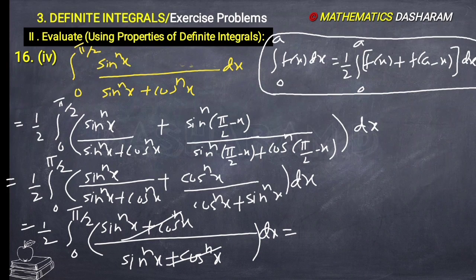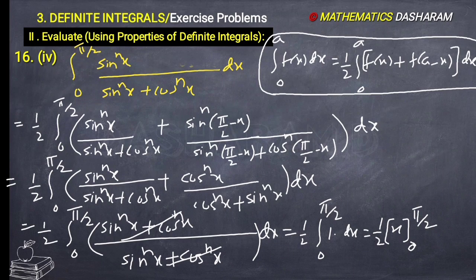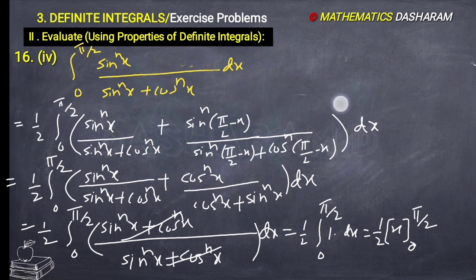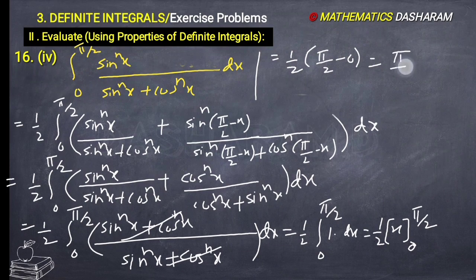Now numerator and denominator cancel. 1 by 2 integral 0 to pi by 2 of 1 dx. So 1 by 2 integral of 1 dx, that is x, from 0 to pi by 2. Now substitute the upper and lower limits. So 1 by 2 times upper limit pi by 2 minus lower limit 0. So its answer is pi by 4.